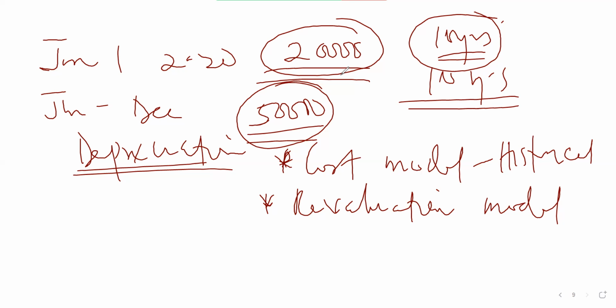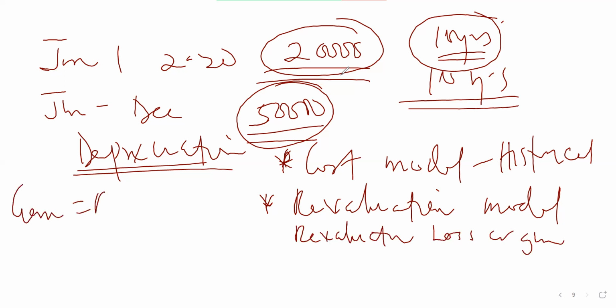So with the revaluation model, we have a revaluation gain or a revaluation loss. There is a gain when the revalued amount is higher than the carrying value of the asset, and there is a loss when the carrying value is higher than the revalued amount.